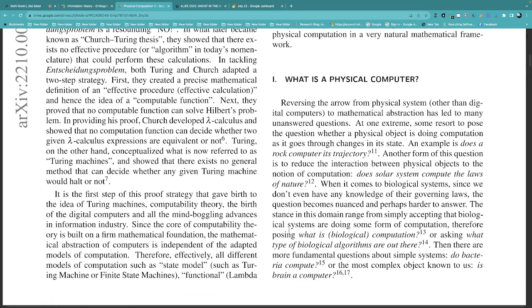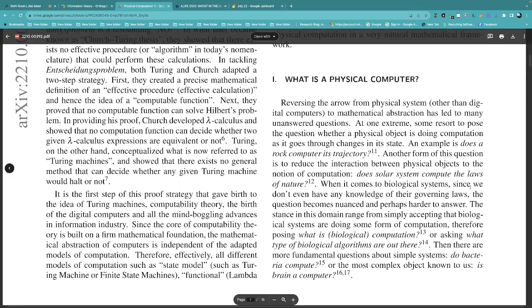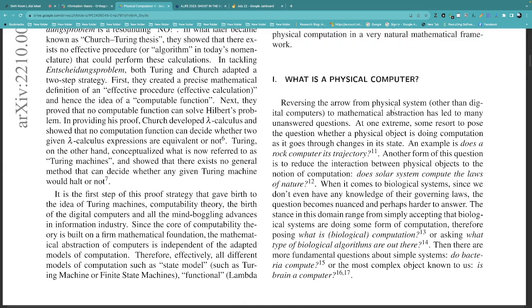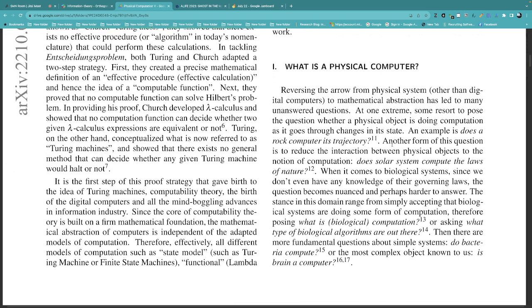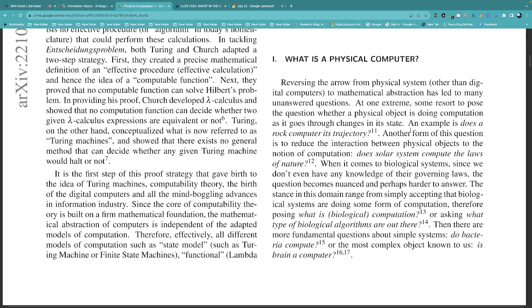And this has a lot of connections to thermodynamics. So we talked about the arrow of thermodynamics, that things go in one direction. So we actually want to go from physical systems to mathematical abstraction, and that's where we have a lot of questions that are interesting and probably essential to building a physical computer.